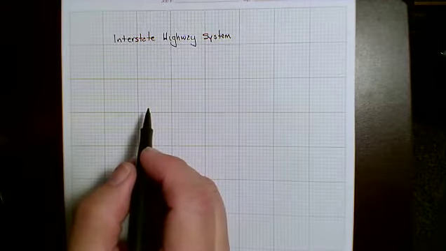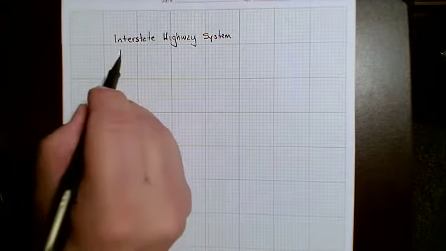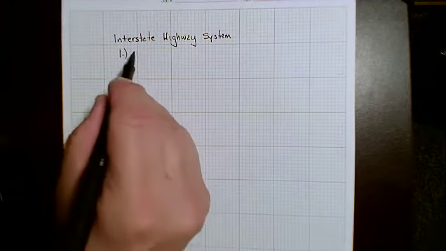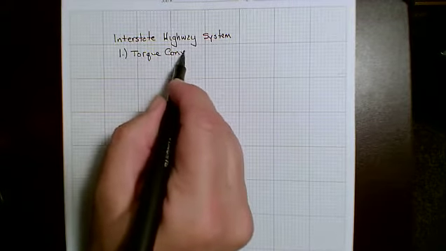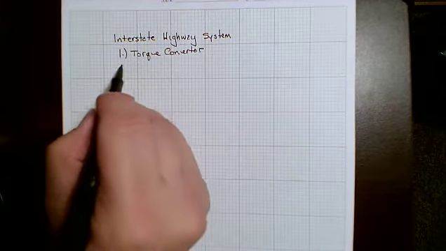We had a number of changes. One is the torque converter, which allowed us to rapidly take power off of a rotating shaft.